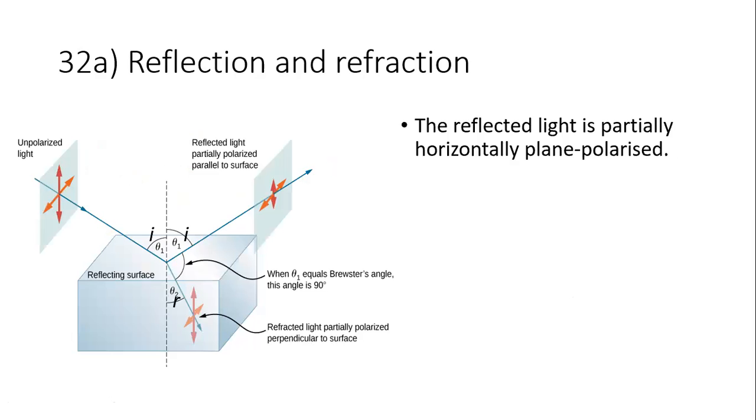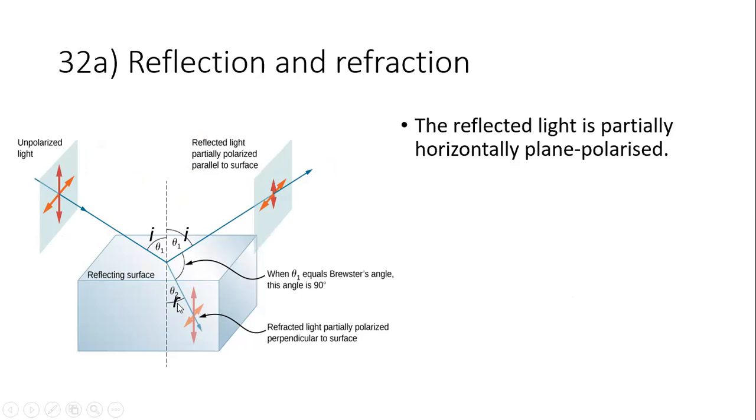Reflection and refraction. The refracted light is partially plane polarized. If this is very expressive, it's in your book. Only that component passes through. This one, the vertical one, is partially polarized at an angle i.